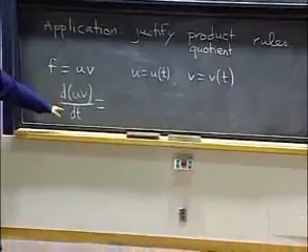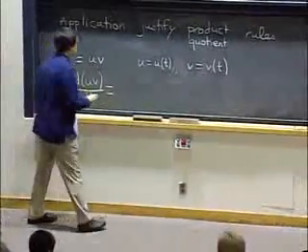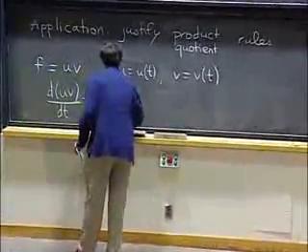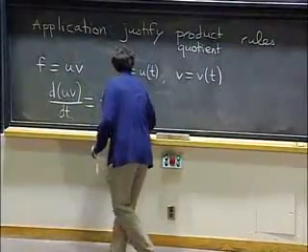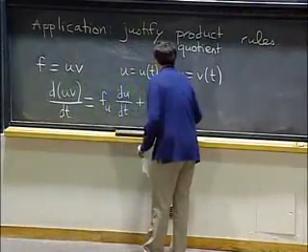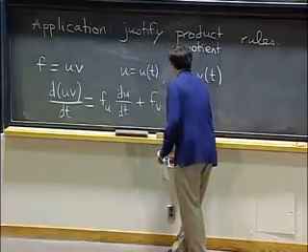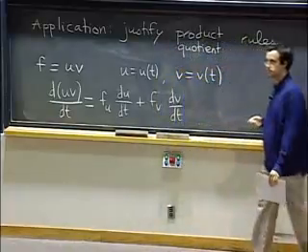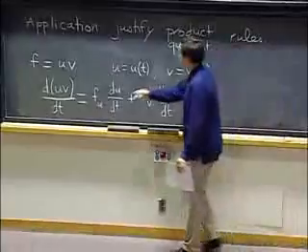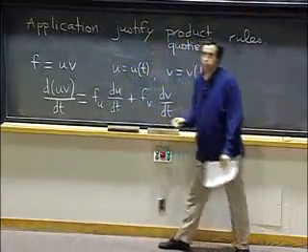This is df dt, which should be f sub u du dt plus f sub v times dv dt. Now, what is the partial of f with respect to u?